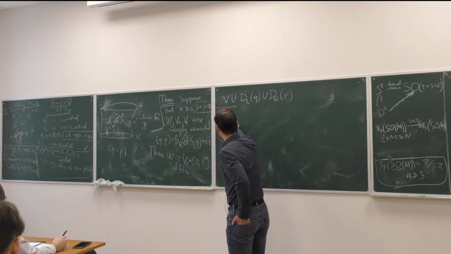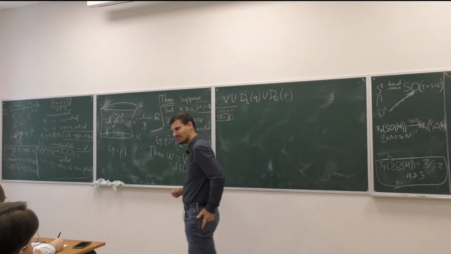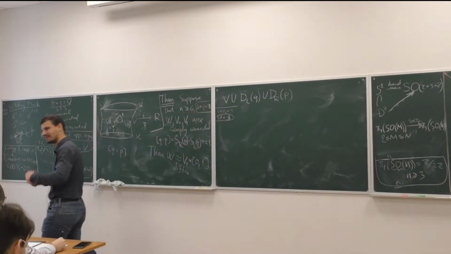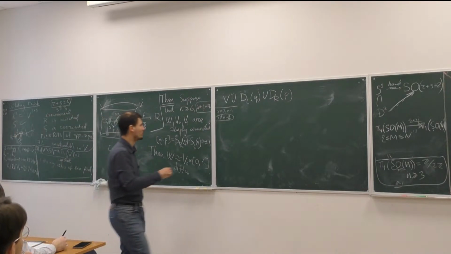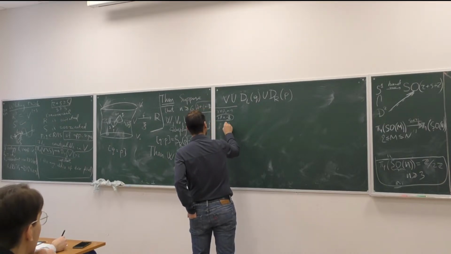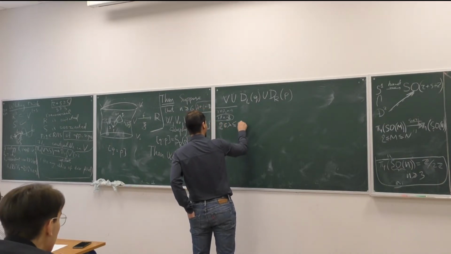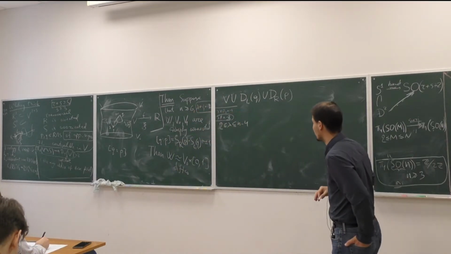And n minus 3 is a case which is easily obtained by reversing the picture. So we can always assume that lambda is between 2 and n minus 4.